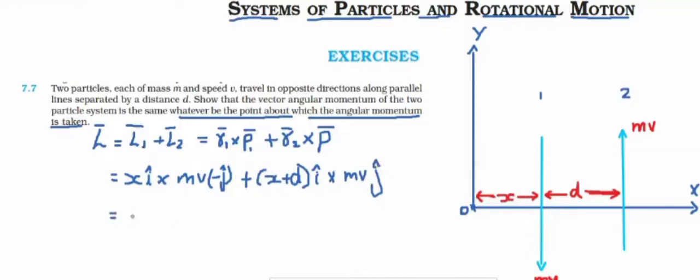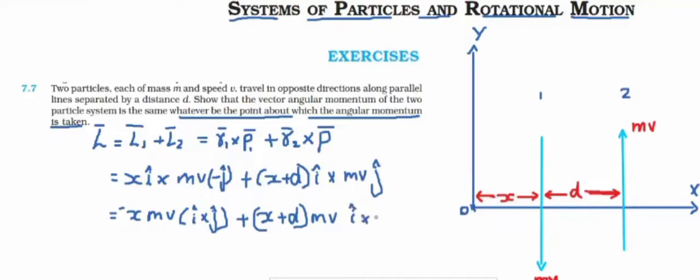So we have x mv, with the minus sign kept outside, into i cap cross j cap, plus (x plus d) into mv into i cap cross j cap.